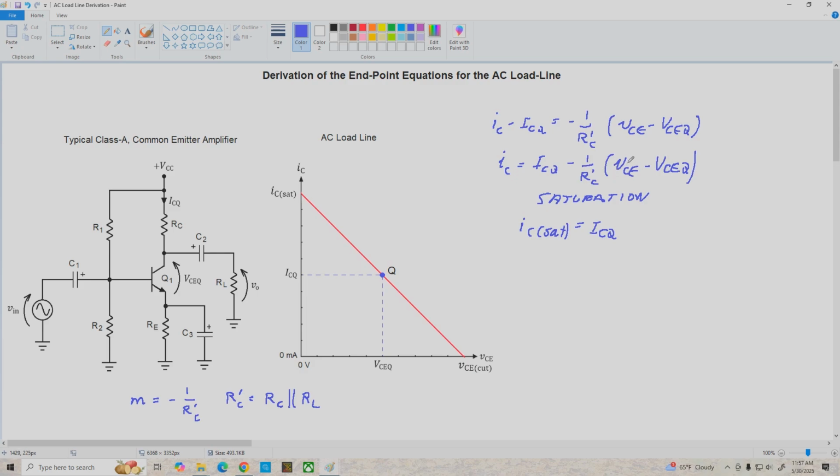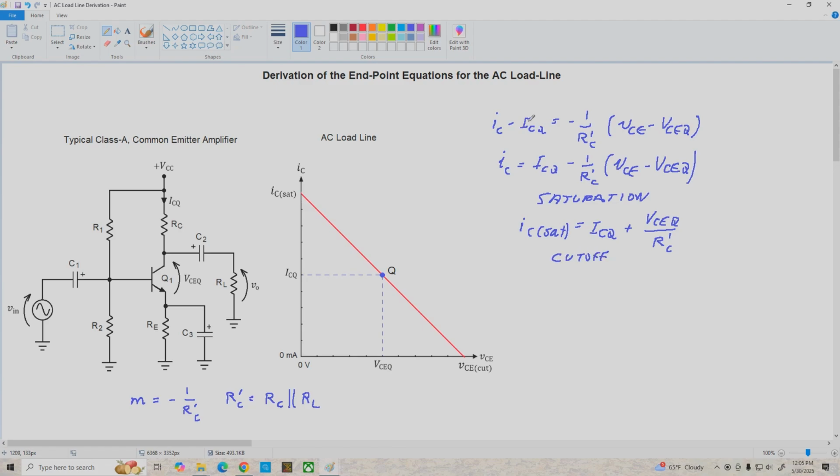So because this is 0, we've got just negative 1 over R prime C times negative VCEQ. The negatives cancel. We get plus VCEQ divided by R prime C, and there's the equation that we've been using all along. What we're going to do next is see what happens in cutoff.